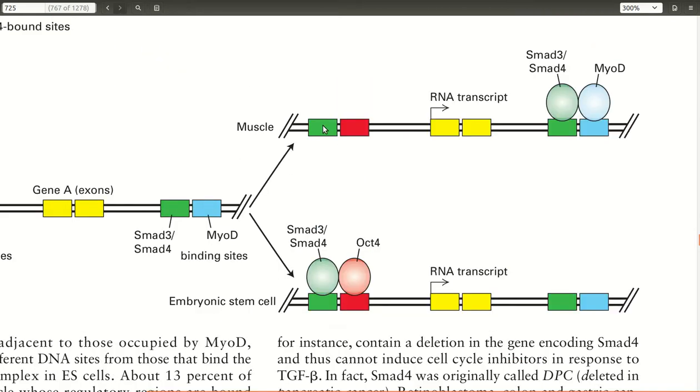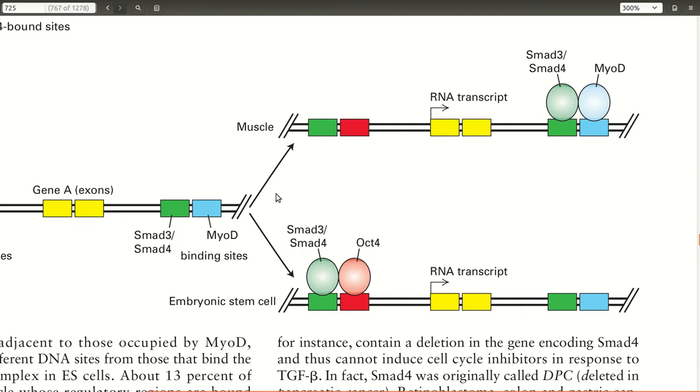So any particular gene in the cell of the same organism may have several different binding sites, but in different cell types, different binding sites will be activated.